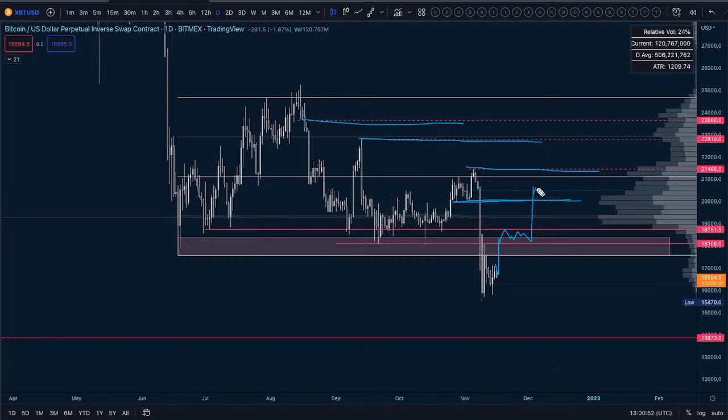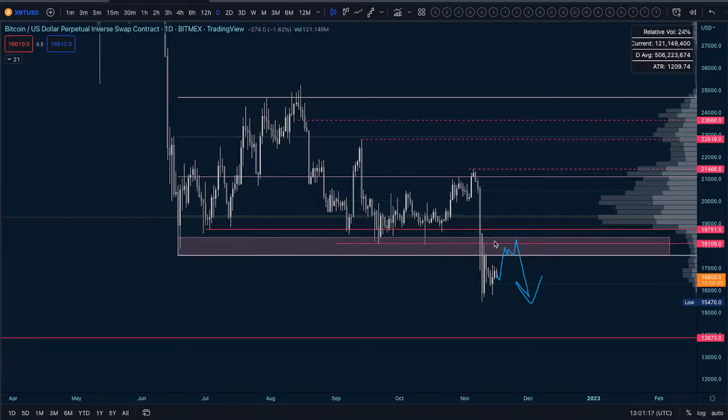And I'm playing these as long as the structure is intact, right? If it comes up there and starts nuking, then of course I'm not gonna go for these targets anymore. So that's planning. If it comes up there, rejects heavily, then that's another story.